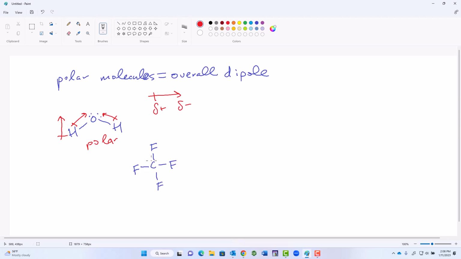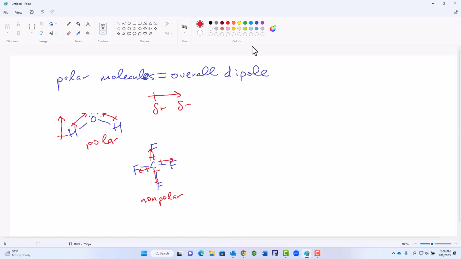If we draw our dipole arrows, they're all going to be pointing towards the Fs because that's more electronegative than C. However, if we look at these overall, we see that the opposite dipoles are going to cancel out. So the overall dipole of this molecule is zero, so this would be a nonpolar molecule. So we can have some cases where if the dipoles cancel out, then we do not have a polar molecule. We end up having a nonpolar molecule.